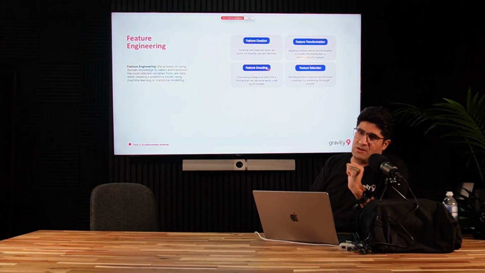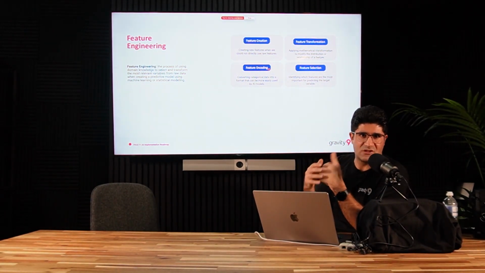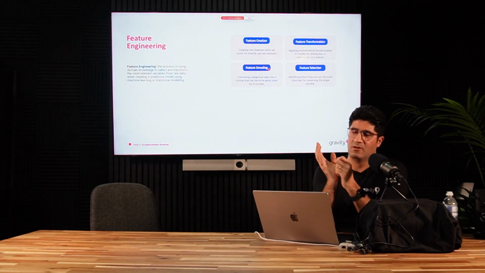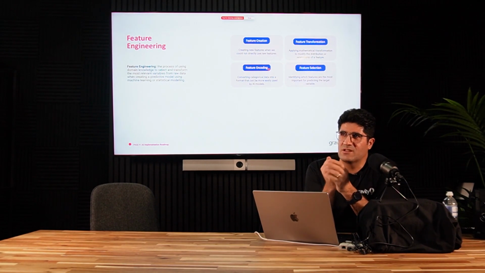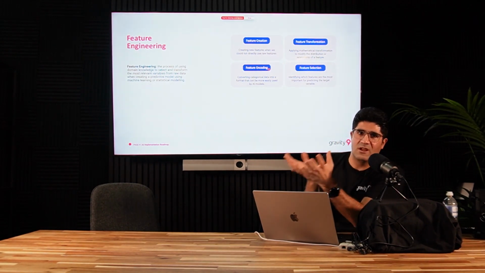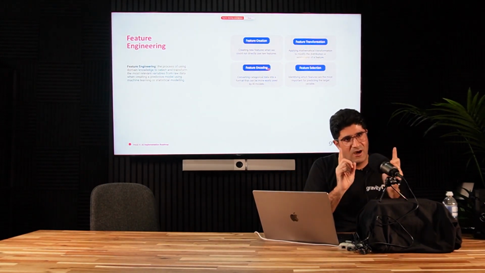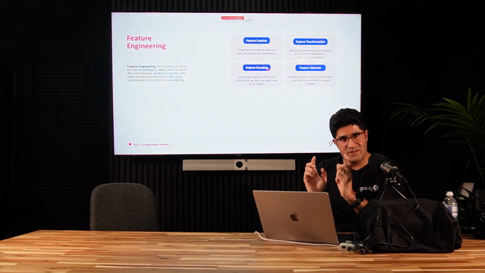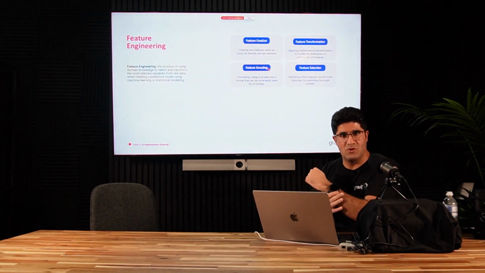Or feature embedding, when we try to completely change the data. For example, for text data, if you remember last session, we mentioned we cannot pass the text to an AI model to learn. We need to convert the text to numbers, which we call embedding, and then pass the embedding to the model to learn from.